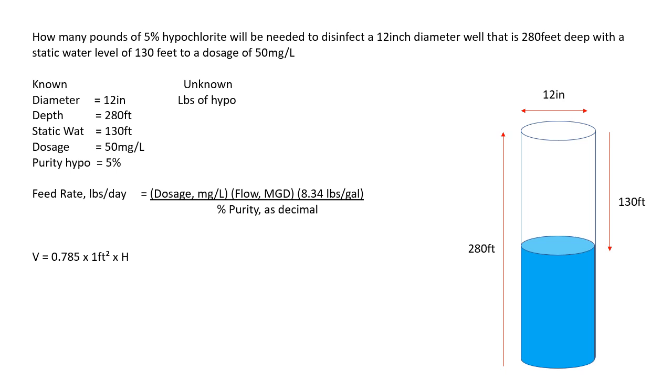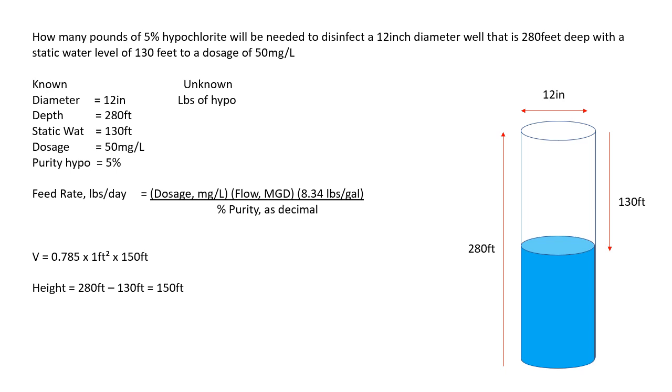You have a 280 foot well, but there's 130 feet of empty space from the surface. To get the total height of the water, we're going to subtract 130 feet from 280 feet. So 280 feet minus 130 feet, that means you have 150 feet as the height of the water in your well. We can plug that into our formula now.